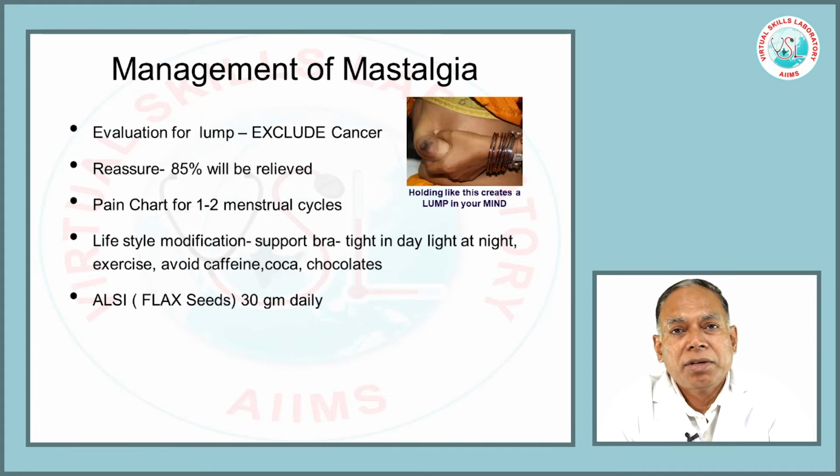It should be tight, 1 to 2 sizes tighter in the daytime. Suppose a lady's breast cup size is 30, so she should wear 26 or 28 size brassiere in the daytime. However, she can remove it at night.